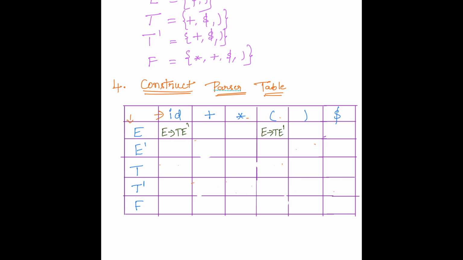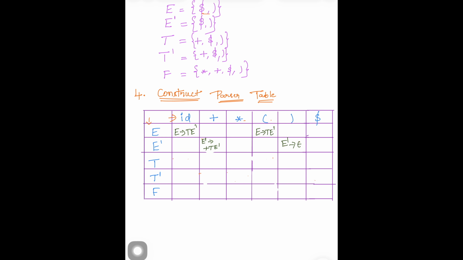Next, for E prime, the production is plus E prime. The first of plus E prime is plus. So we write E prime produces plus E prime under the plus column, and E prime also produces epsilon.